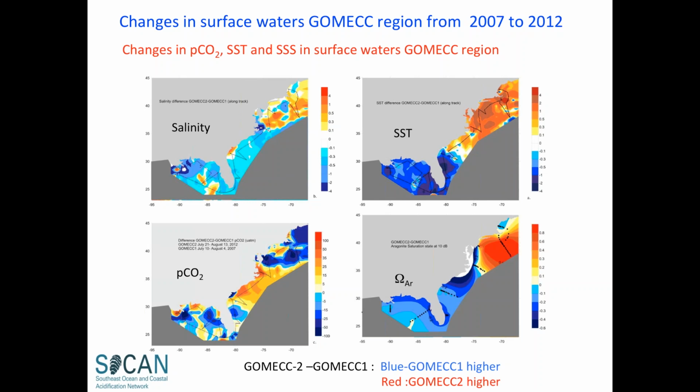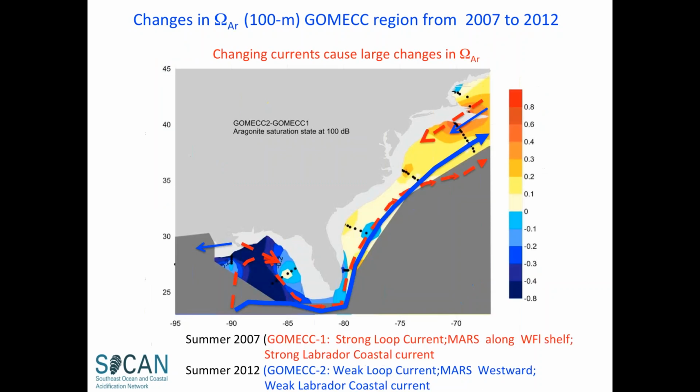The blue arrows are the major conduits of water mass movement in the area, and the red arrows are what the water mass movement, or currents, were in the first cruise in 2007. So basically, let me look at 2007.